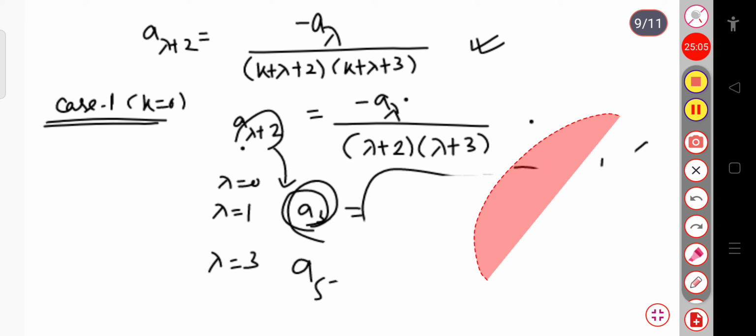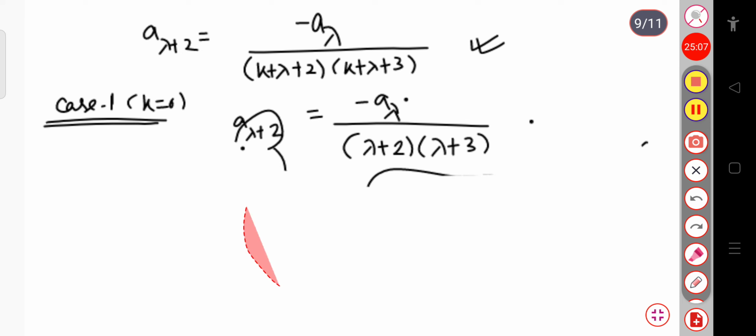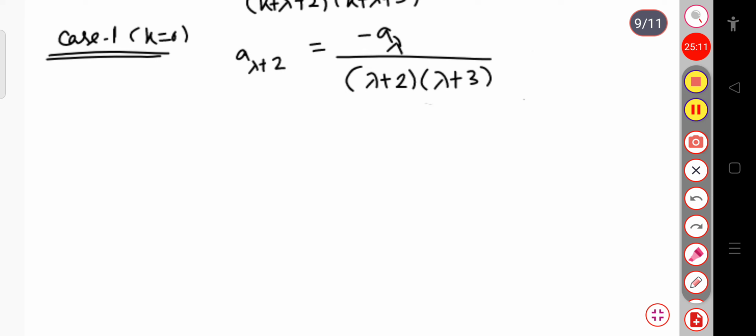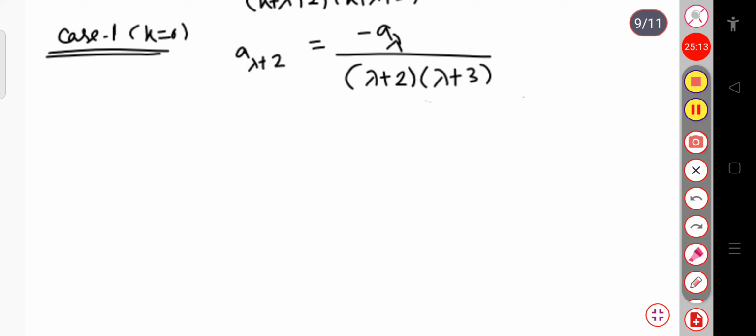Here we will not calculate for the odd lambda. So since A1 equal to 0, therefore A1 equal to A3 equal to A5 and so on; every odd coefficient is equal to 0.